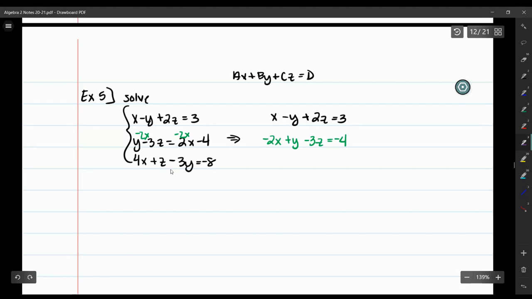And the third equation is just out of order. We need to flip these two and make it in the correct order. So 4x minus 3y plus z equaling negative 8. So with this one, now you are set up and ready to put your system into a matrix. So solve this guy down, and you should end up with the solution of negative 2, 1, 3.